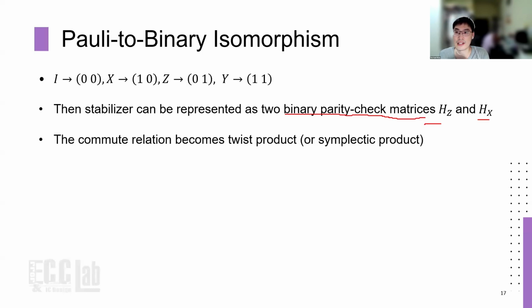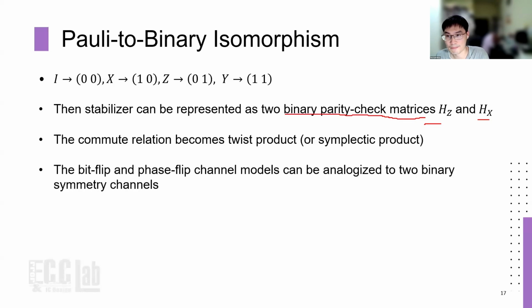But note that the commute relation also results in an even overlap in the matrix, which causes cycles in the Tanner graph, and those cycles are very harmful for an iterative decoder like BP.